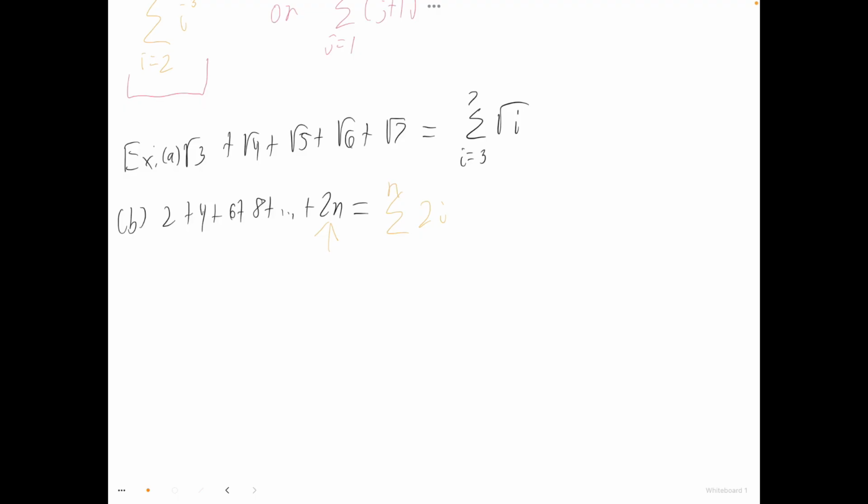And we know we want to end at n, because the last term is 2 times n. And we want to start with 2. Well, that means we're starting with i equals 1, because 2 times 1 is 2. And so that gives us our summation of 2 plus 4 plus 6 plus 8 up to 2n.